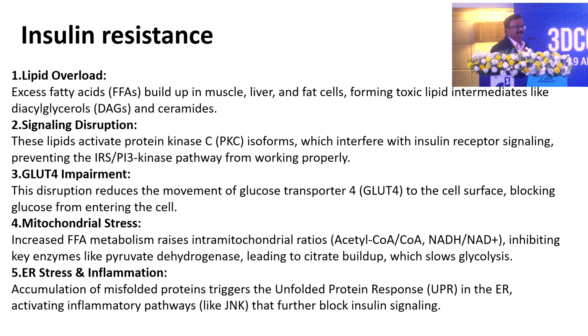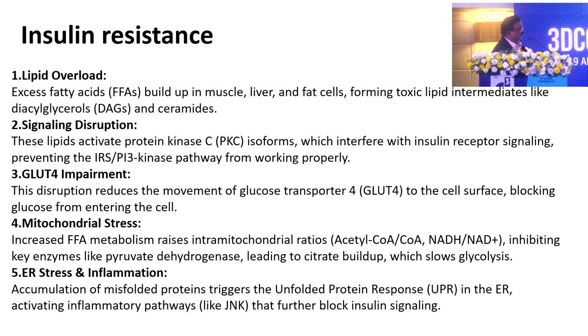The fourth component is mitochondrial stress. Four and five are universal in most patients. In the present scenario of sedentary and stressful lifestyles, mitochondrial stress and ER stress are significant.